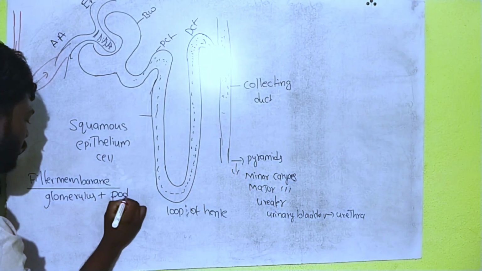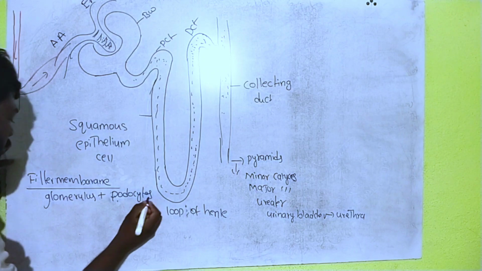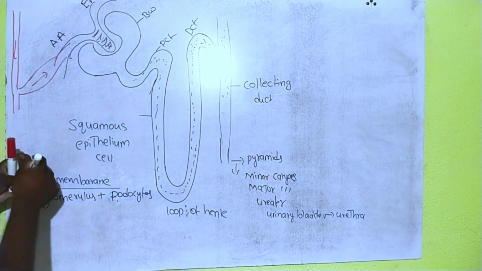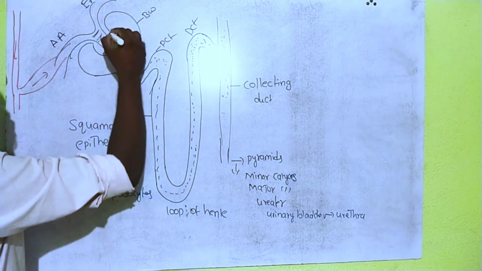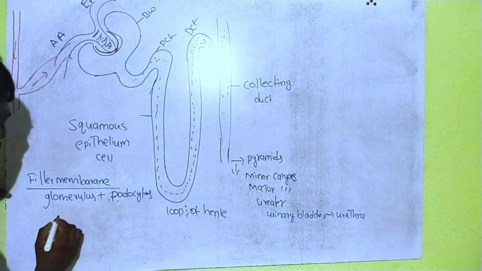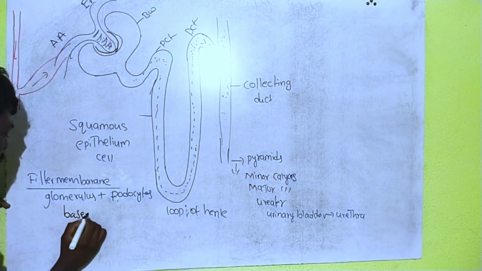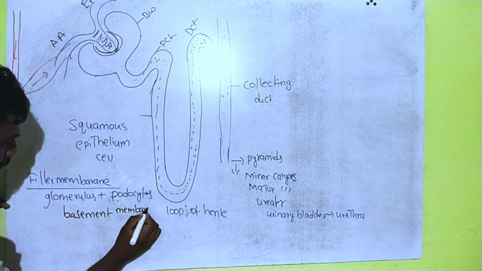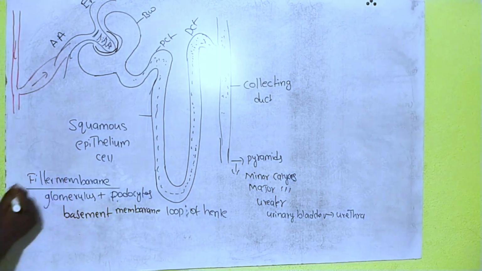Between the glomerulus and the podocyte there is one membrane, this black color. This membrane we call the basement membrane. So these three we call the filter membrane.